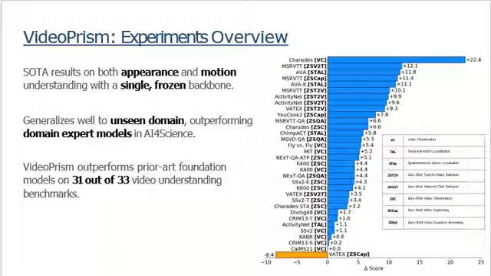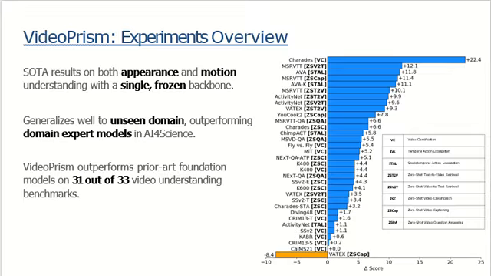We can notice how many tasks show significant gains, like plus 22.4% on Charades for classification, plus 18.3% on MSRVTT for video question answering, and plus 11.1% on AVA and MSRVTT captioning. So, in total, VideoPrism outperforms previous models on 31 out of 33 benchmarks.